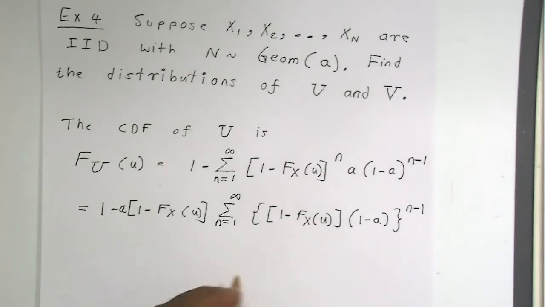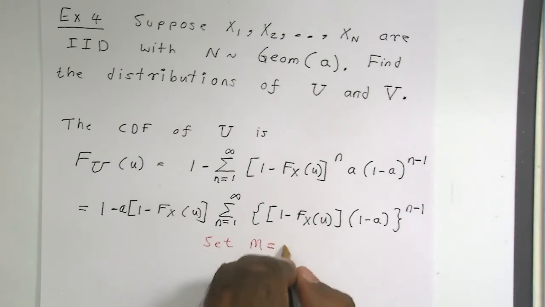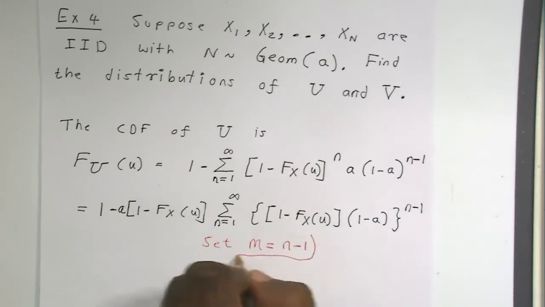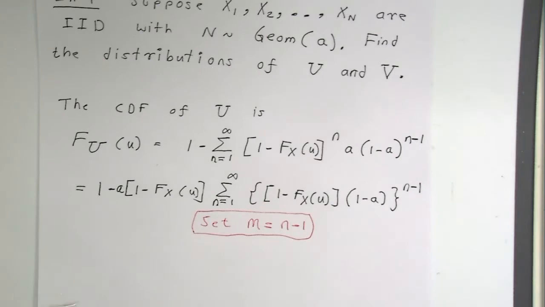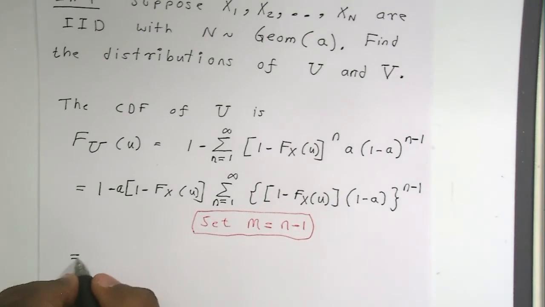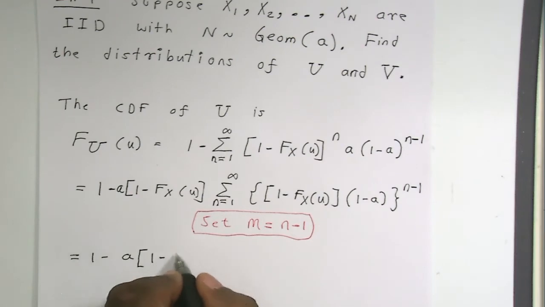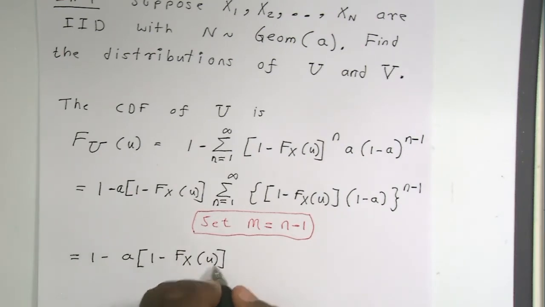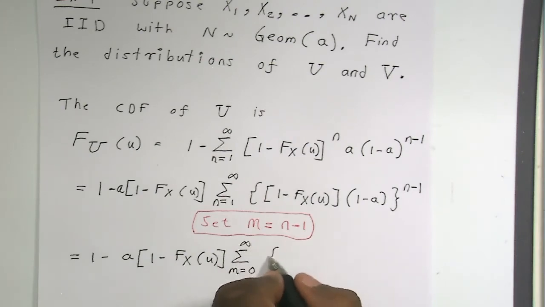Then I'm going to make a substitution, set m equal to n minus 1. Under this substitution, the sum will go from 0 to infinity.